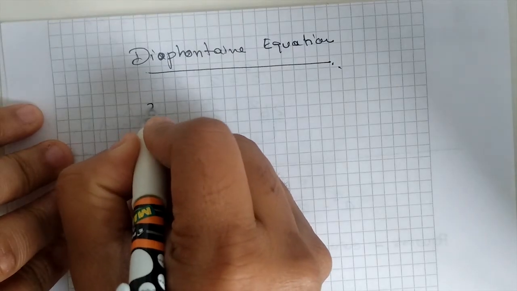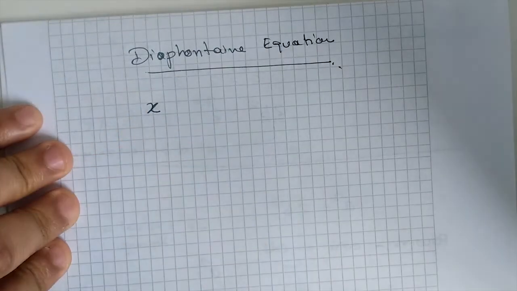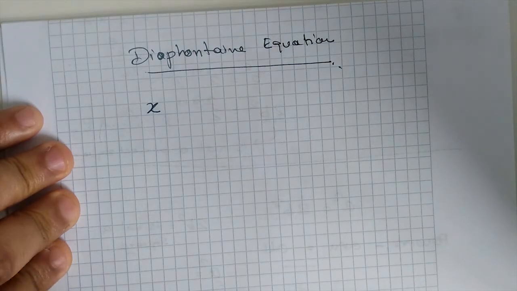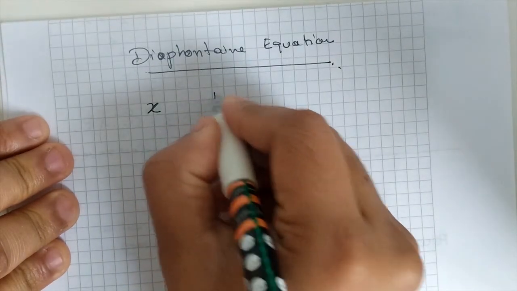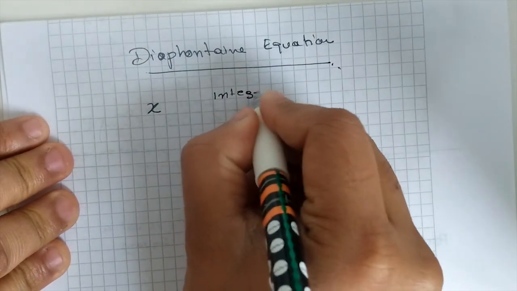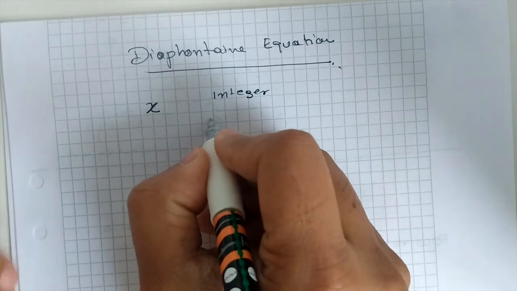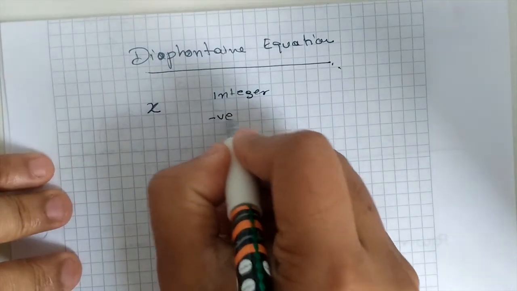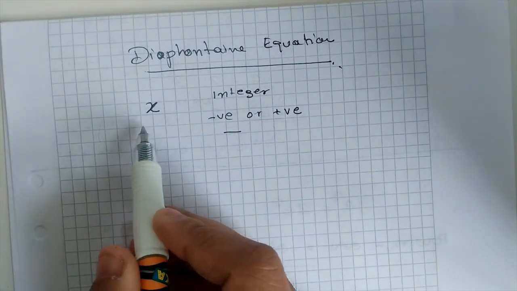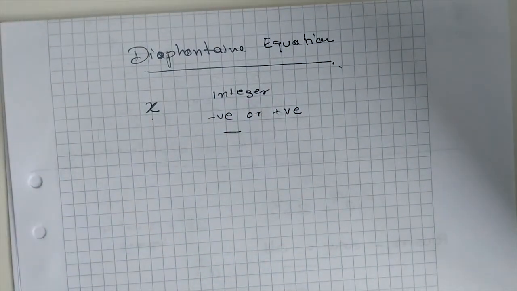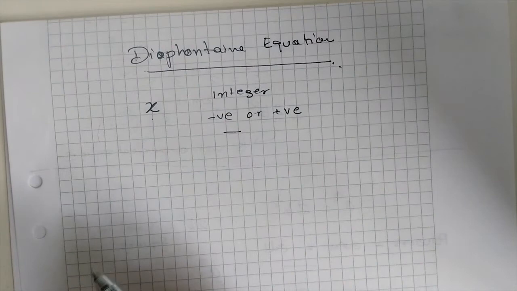If I have a number x and I want you to assign any value to it, the assigned value must be an integer, and it does not matter if it is negative or positive, both go. So if I allow you to put any value to x, what values can you put?